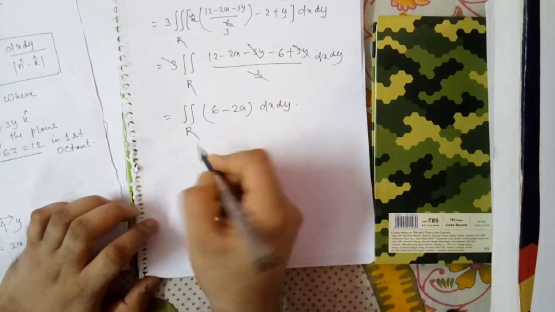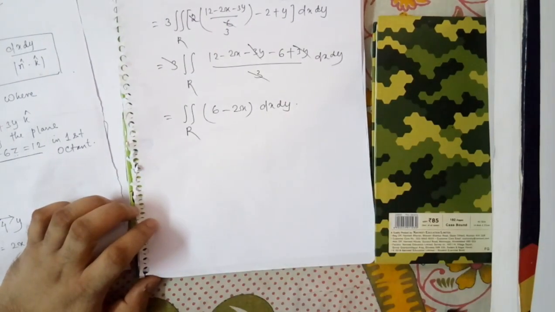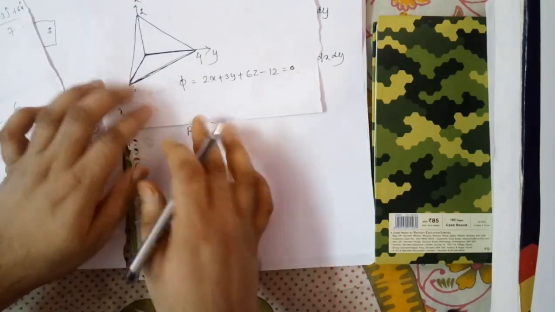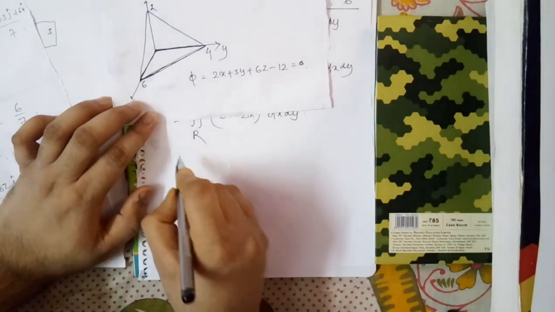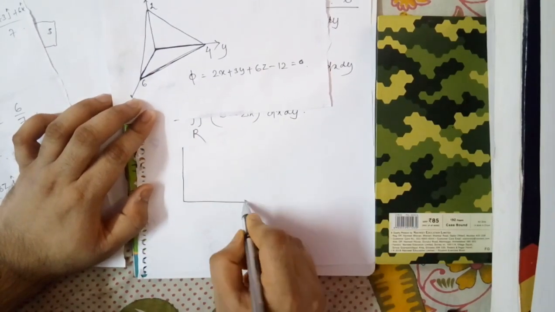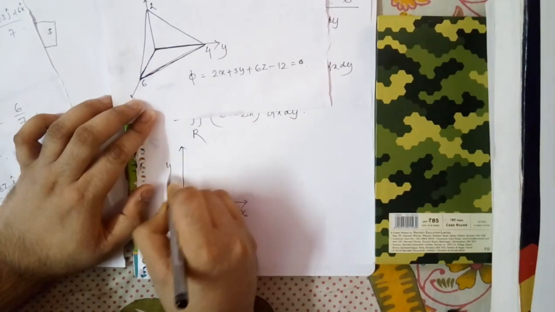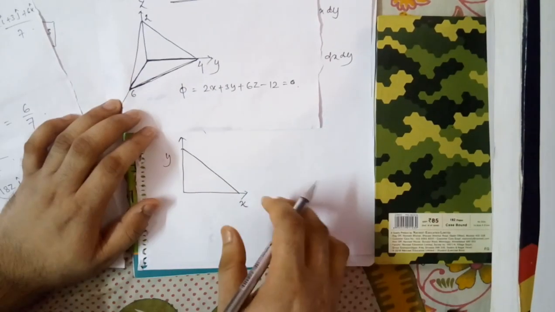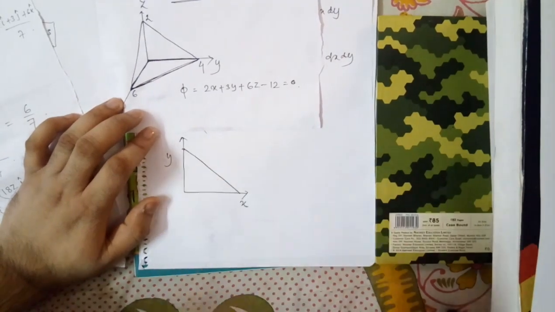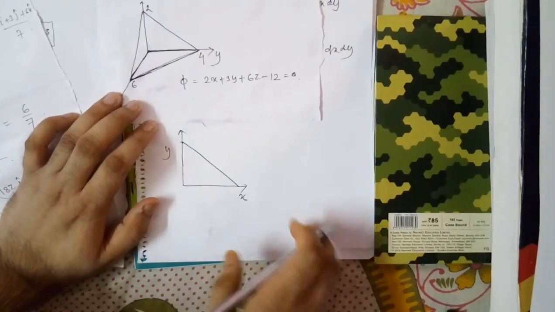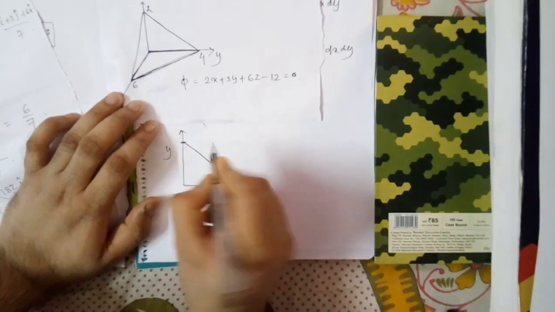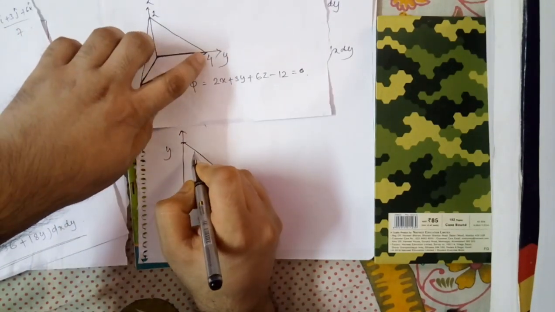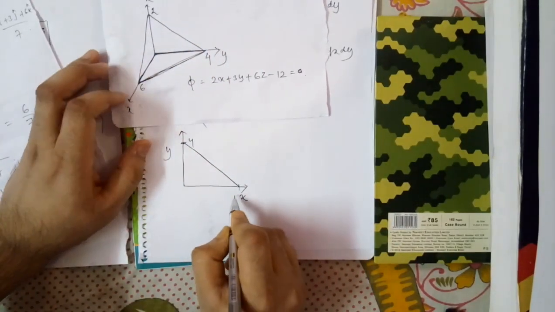So now we have to find the limits of x and y. So how do you find the limit? Here if you see, we have now projected in the x and y plane, so this will look something like this. So this is x, this is y. Now this will be the line. So how do you find the limits of x and y? We know this point is 4, and this is 6.